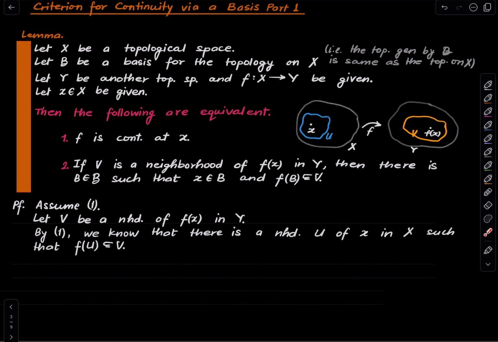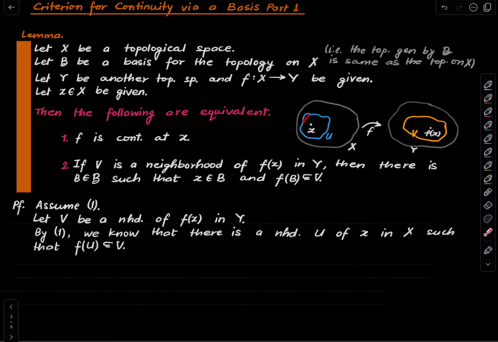Now, here is the point. Since the topology on X is the same as the topology generated by the basis, every element in the topology is the union of some elements of the basis. Because what is the topology generated by a basis, as we recalled? It is the collection of precisely those sets which can be expressed as the union of some of the members of the basis.